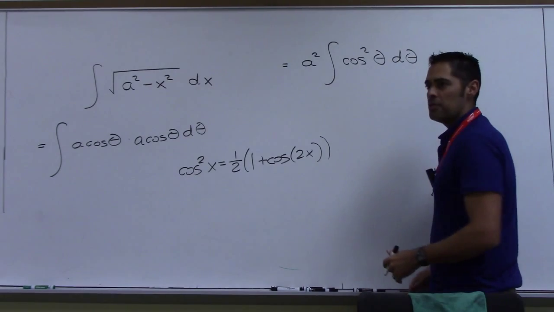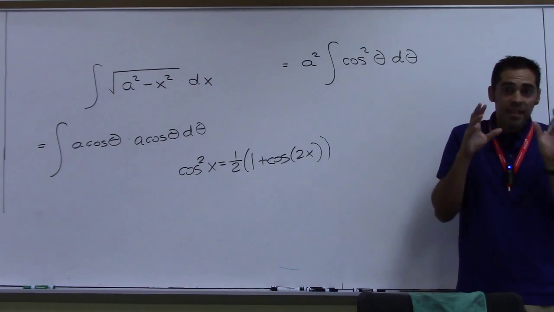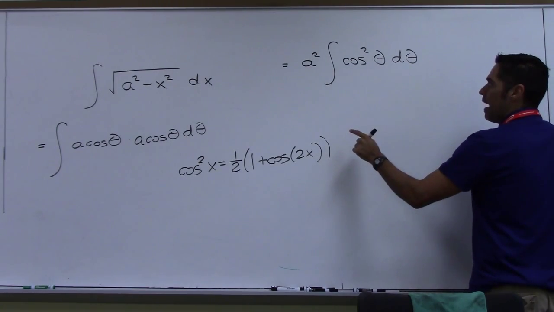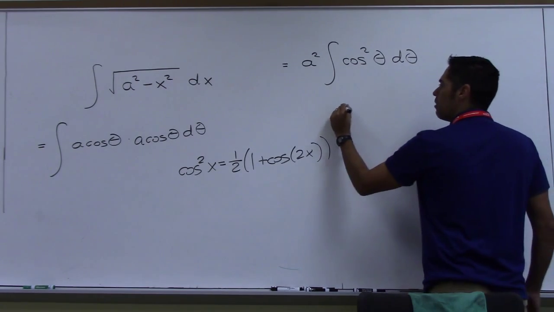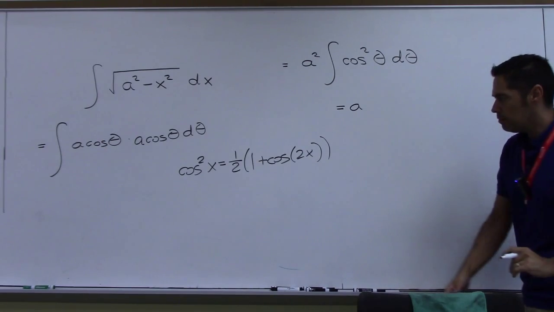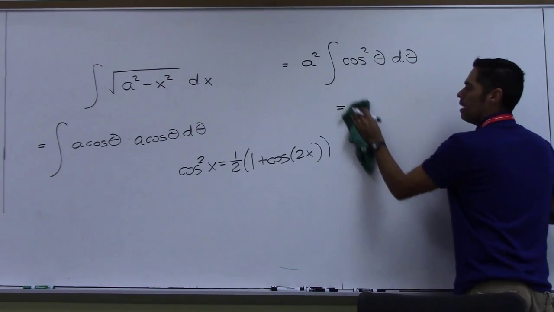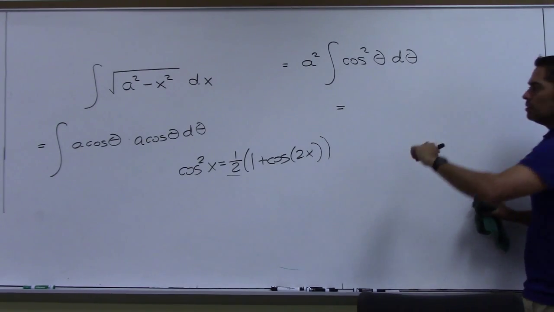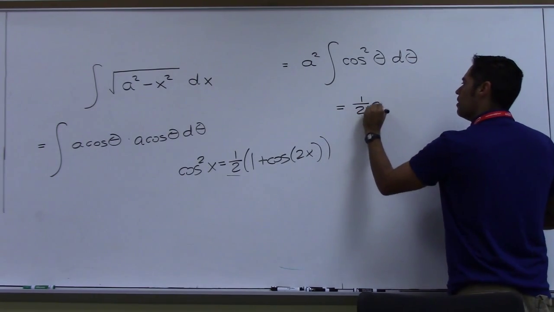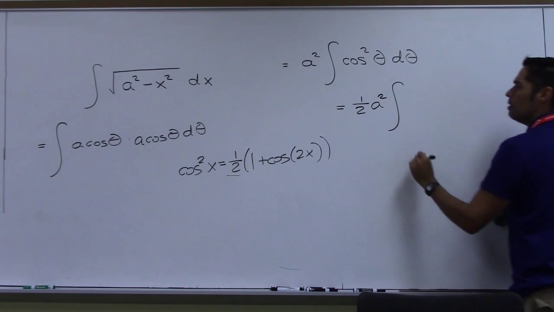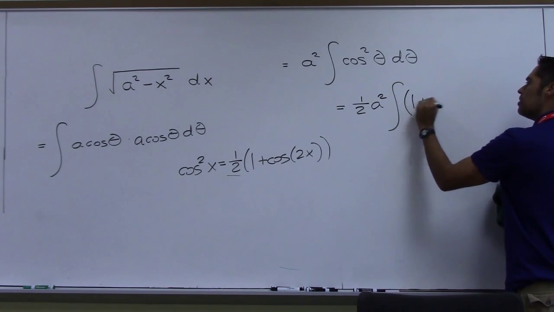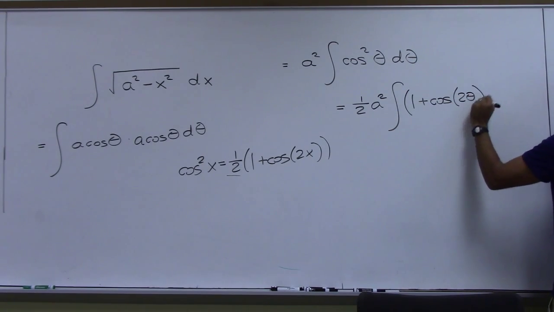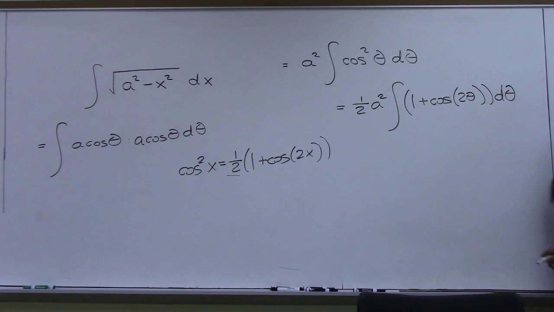I've been calling it power reducing. I'm just pointing that out because every time I say it, I always say power reducing. So using that, because it's cosine to an even power, we get a squared. What else should I put out there with a squared? How about that 1/2? Why don't we just take it outside the integral? So 1/2 a squared integral 1 plus cosine 2 theta in this case, d theta.